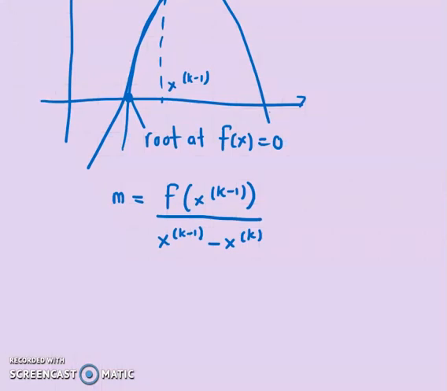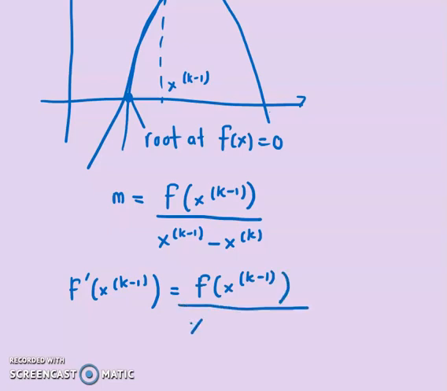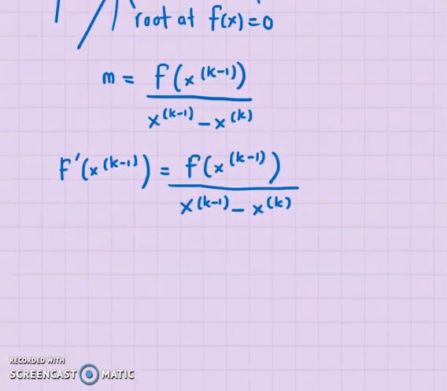This m here is my f prime of x_{k-1}. Normally you say (y2 minus y1) over (x2 minus x1). That's the familiar formula for that.